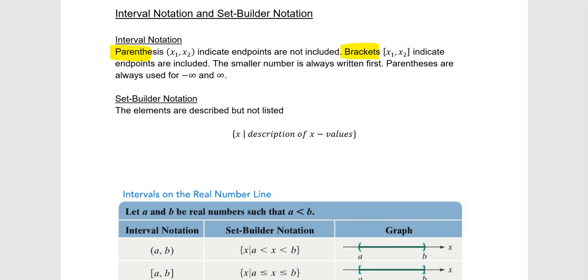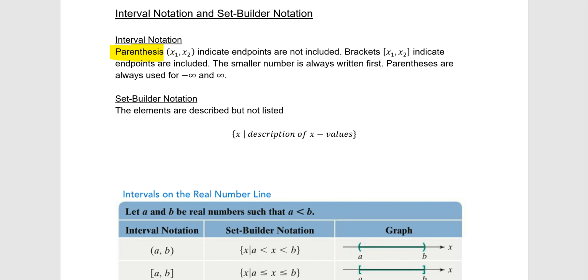If we're using parentheses, so for example, if we have this right here, I'm just using x1 and x2, that means the interval is from x1 to x2. And since there's parentheses on the end, that means those endpoints are not included.